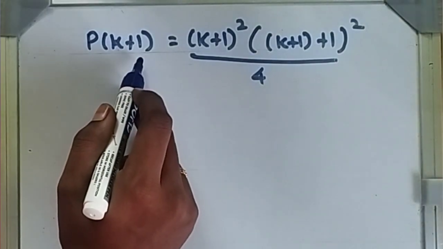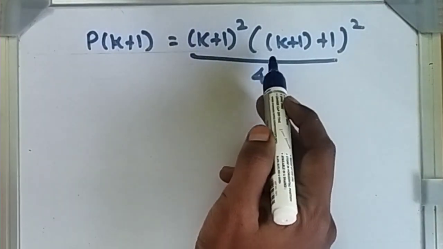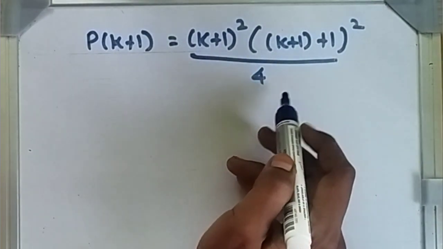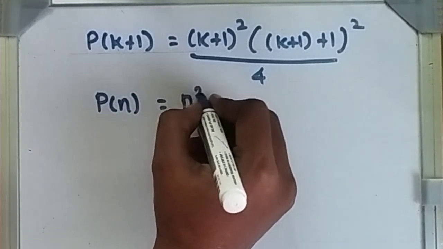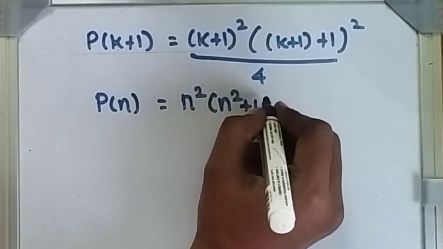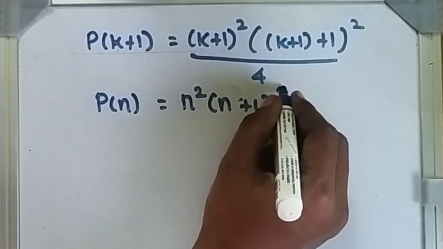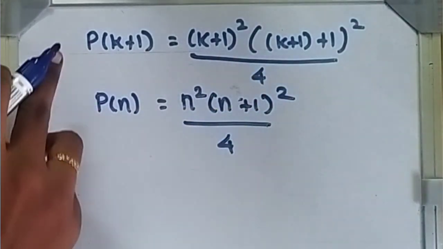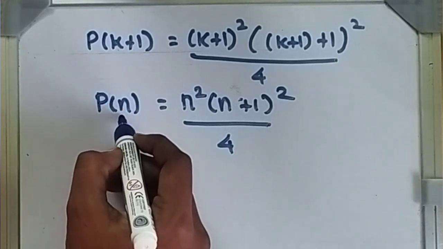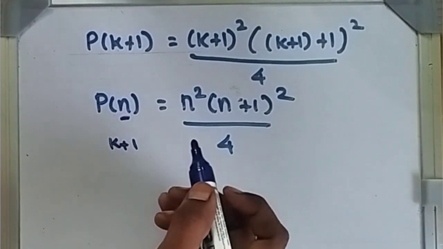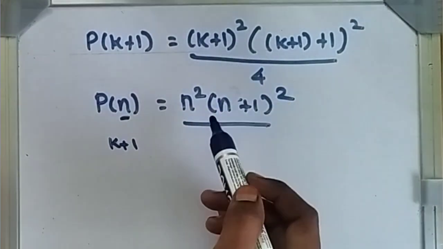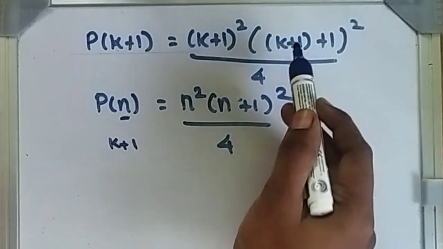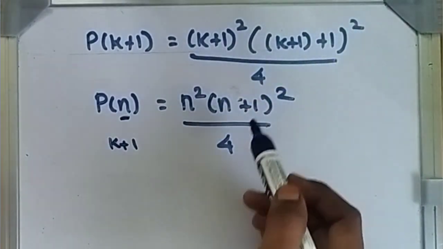Clear. So what we got here, p of k plus 1 equals k plus 1 the whole square multiplied by k plus 1 the whole square divided by 4. So what is p of n? p of n equals n squared multiplied by n plus 1 the whole square divided by 4. So watch this closely. If you substitute n equals k plus 1, this term becomes k plus 1 the whole square, this also happens here, and this term becomes k plus 1 the whole square divided by 4.